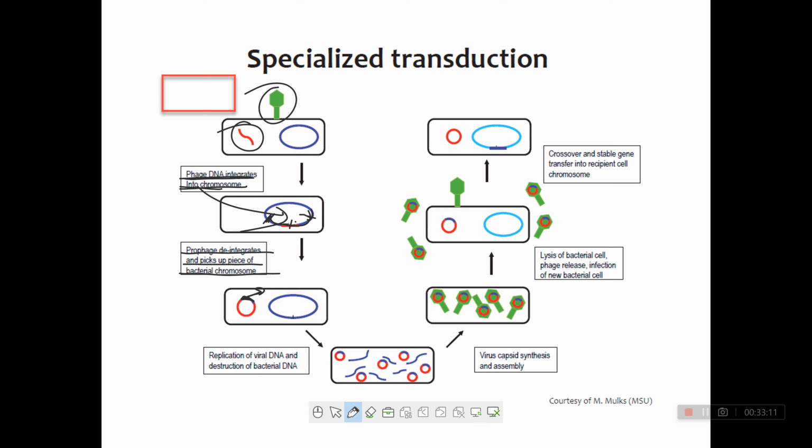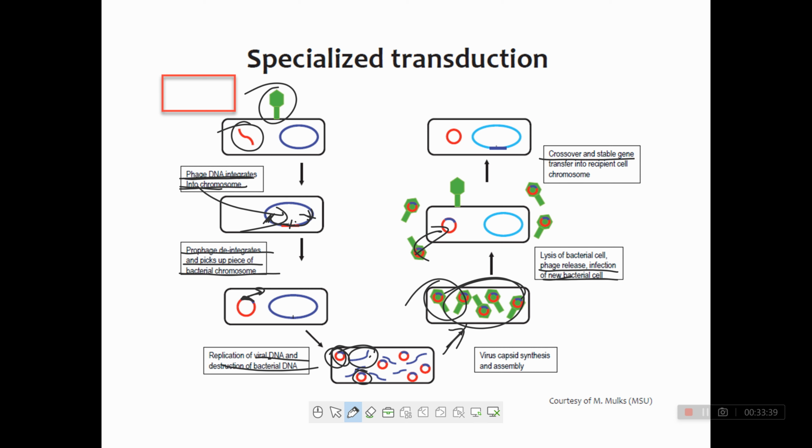After recombination, there is replication of the viral DNA and destruction of the bacterial DNA. After replication, the proteins will be formed and new phages will be formed. After forming the phages, lysis of the bacterial cell releases them to infect a new bacterial cell.